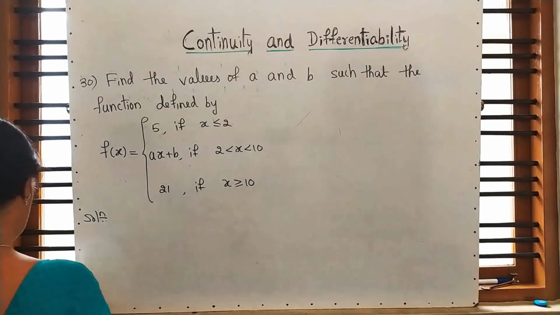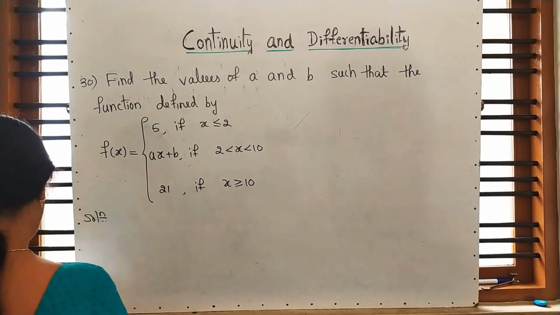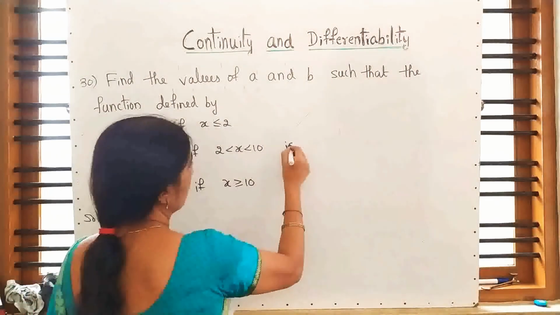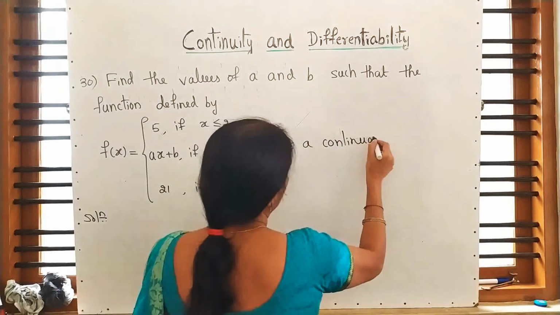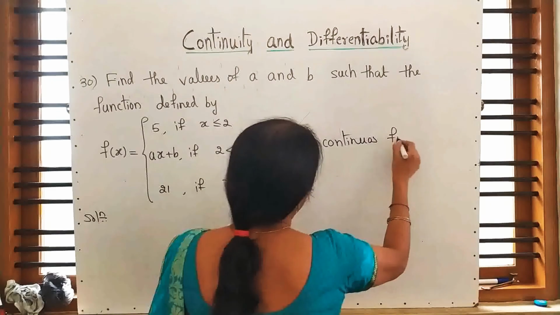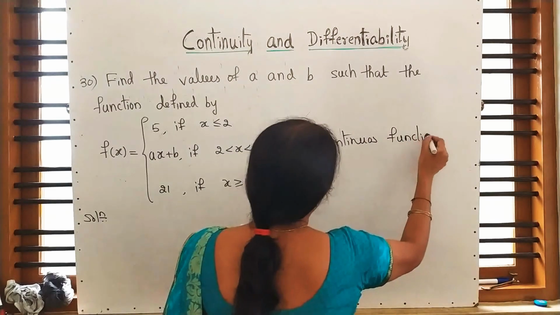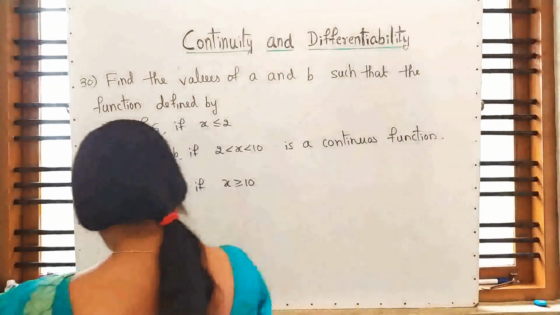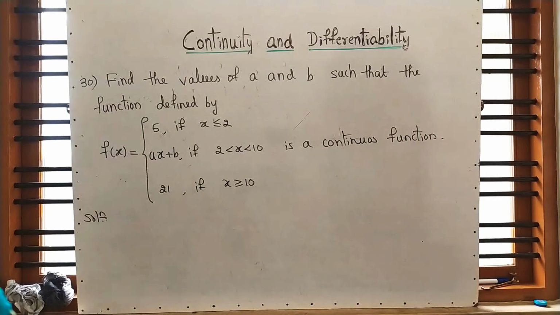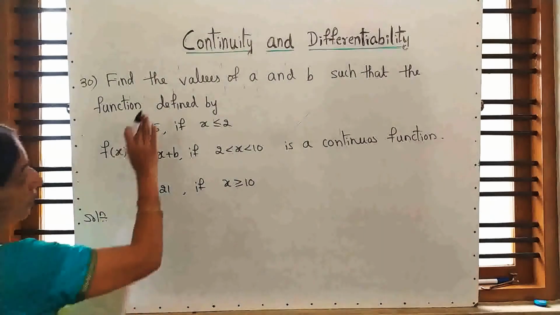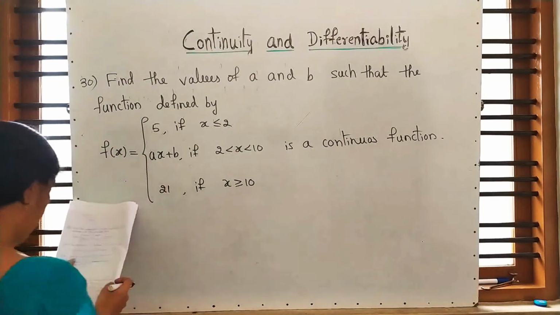We have to find the values of a and b, such that the function is continuous. So here it is already given that the function is continuous, and with the help of that we have to find the value of a and b.